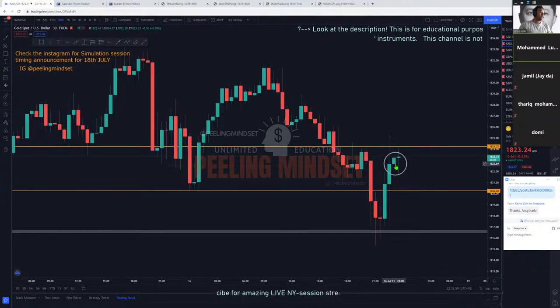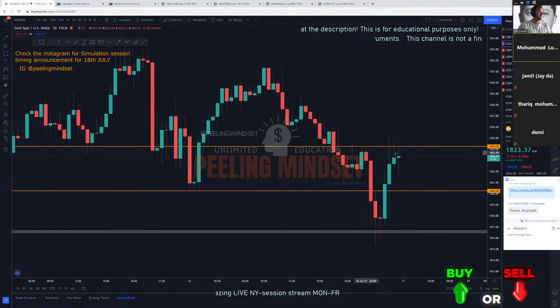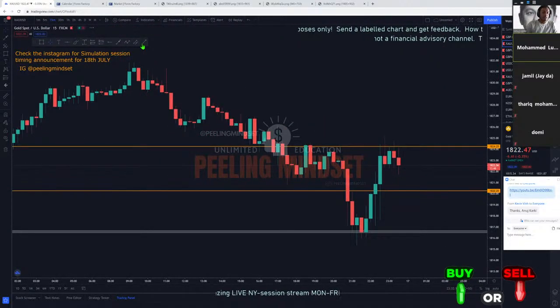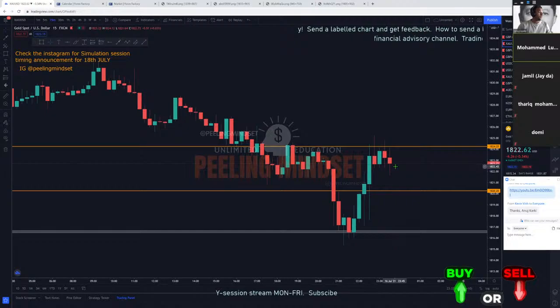Previous 30-minute candle actually closed below the resistance, obviously rejected 1824.25, and the current 30-minute candle is also kind of rejecting that 1824.25 level. So now when I go into the 15-minute time frame, at this point in time, the 15-minute candle has broken the previous 15-minute candle's low.